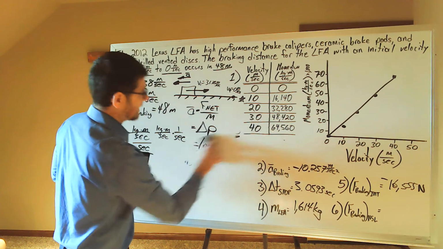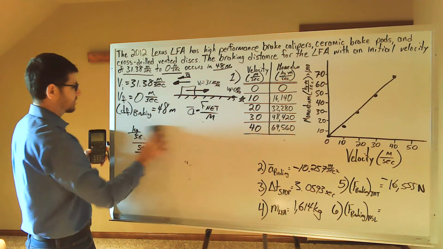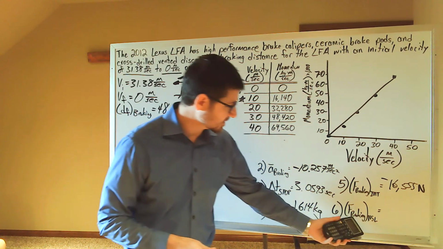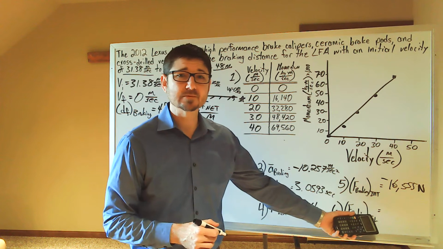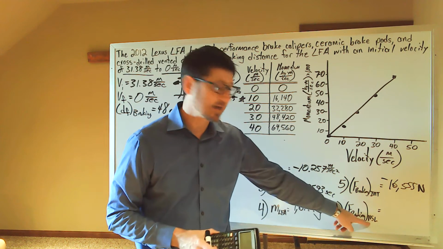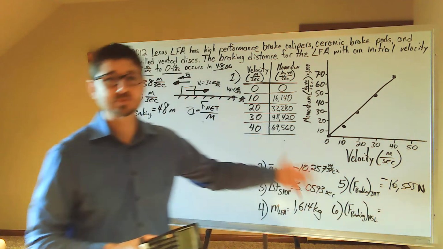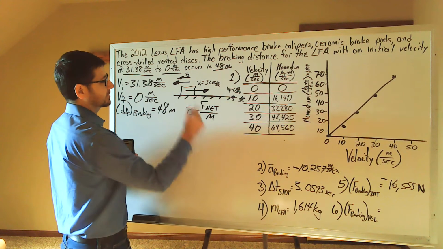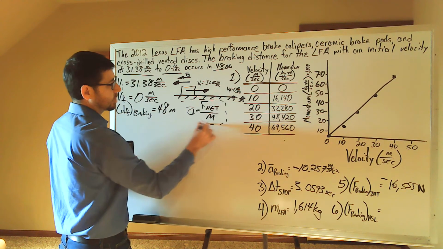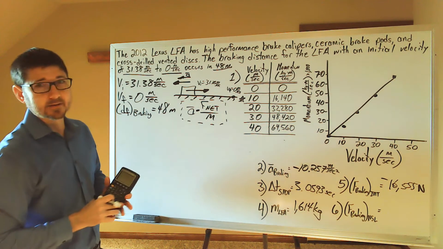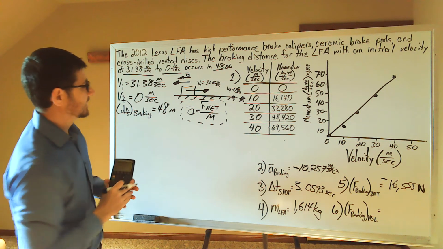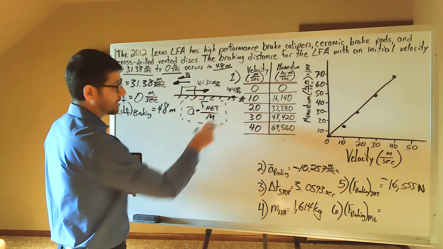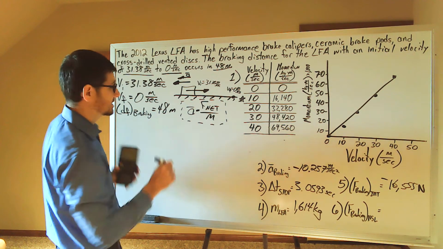Now let's take a look at number 6 and we can finish the problem here. Number 6, the force of braking using Newton's second law. So I provided a subscript here, NSL, which represents Newton's second law. And we've actually already talked about it a little bit. This is our equation right here. Now, what we're going to do is solve for the net force applied to the object by multiplying mass on both sides of the equal sign.